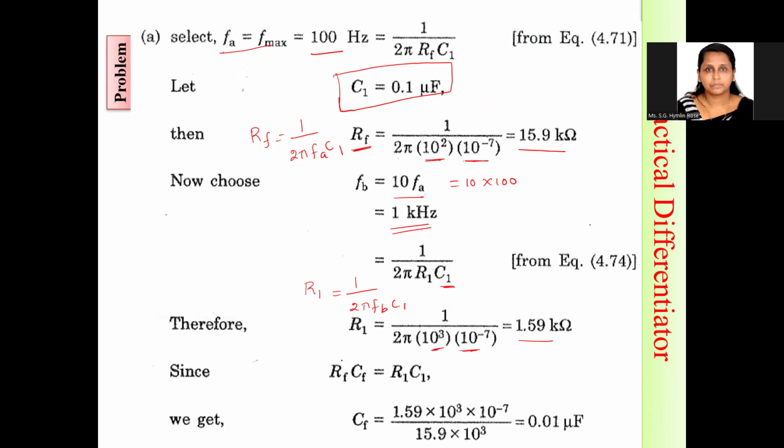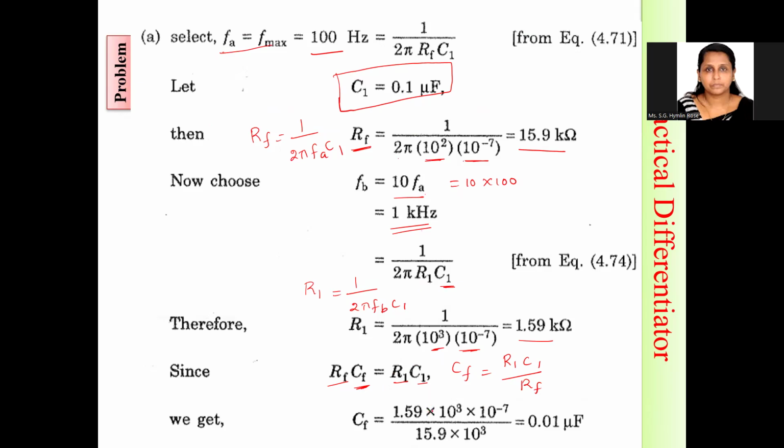The same condition is achieved with RF CF equal to R1 C1. Now you know the value of RF and the value of R1, and we have already chosen C1, so we can find CF. CF is equal to R1 C1 by RF.